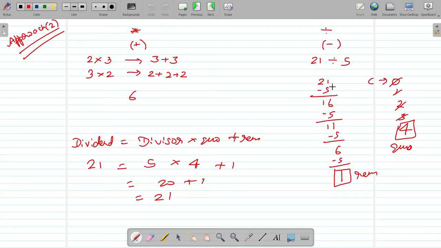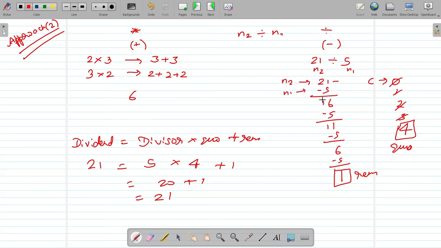Some things to keep note of: if you remember from previous slides, we were dividing n2 by n1. So in this example, this was n2 and this was n1. n1 is constant, right? n1 is always 5 because we always have to subtract 5.